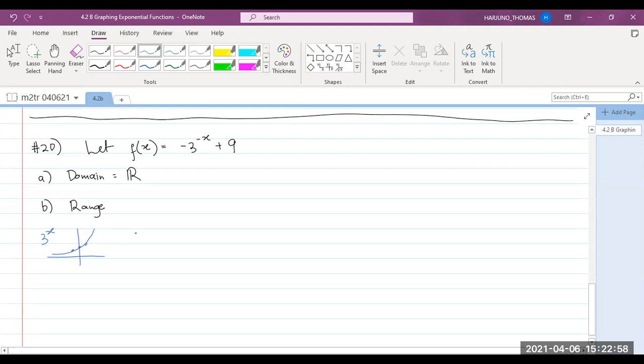Replacing x by negative x, you basically reflect with respect to the y-axis, so now the 3 dots become like this. And then negative 3 to the negative x means we reflect that upside down with respect to the x-axis.